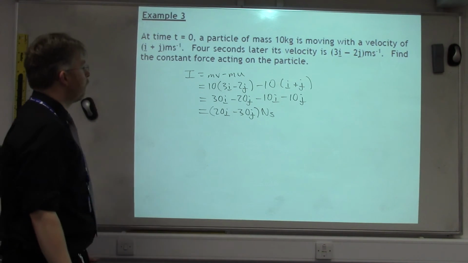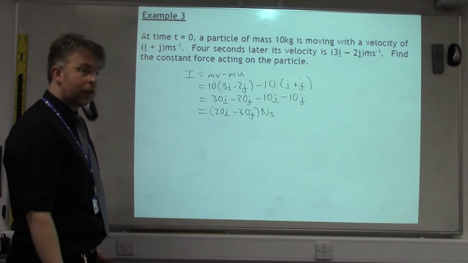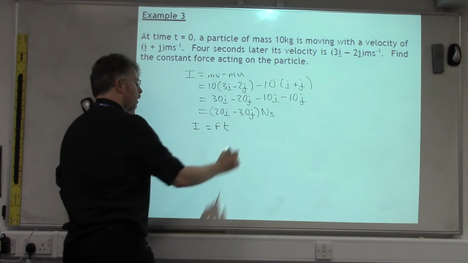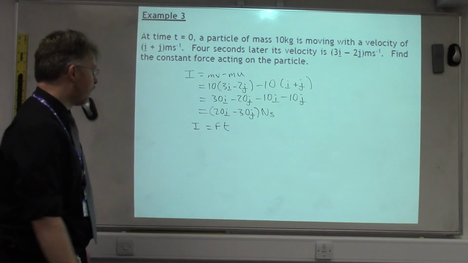Now we want to know the constant force acting on the particle, so we'll be using the other version of impulse, force times time.